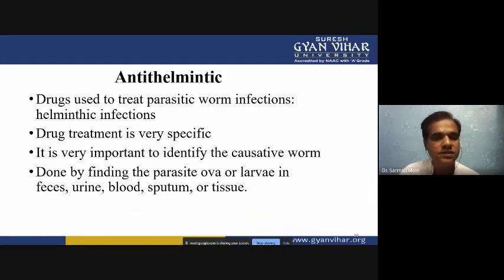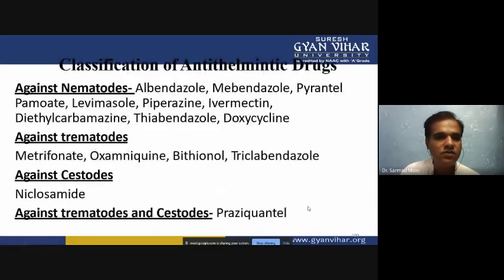It is very important to identify the worms first, and only then can we give these anti-helminthic drugs. We find the parasite's ova, larva, in feces, urine, blood, sputum, or other tissues by microscopic identification or other latest techniques like PCR and ELISA, but we first have to identify the parasitic infection, and only then treat with anti-helminthic drugs.